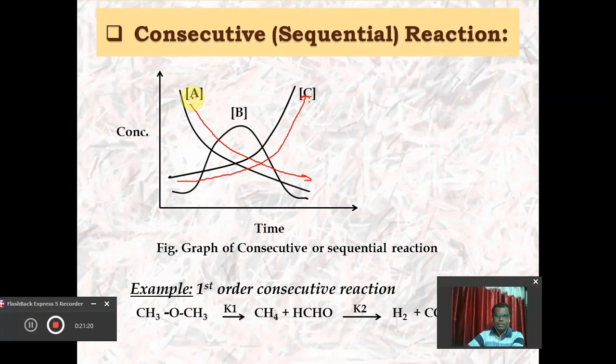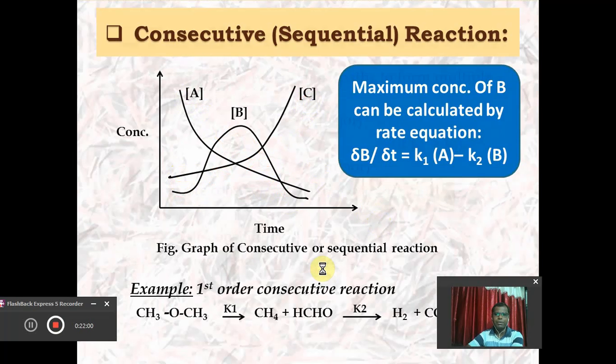The concentration of reactant A decreases continuously, while the concentration of final product C increases continuously, and the concentration of intermediate B initially increases and then decreases. I hope this makes it clear that the concentration of reactant decreases continuously, the concentration of final product increases continuously, while the concentration of intermediate initially increases and then decreases with time.